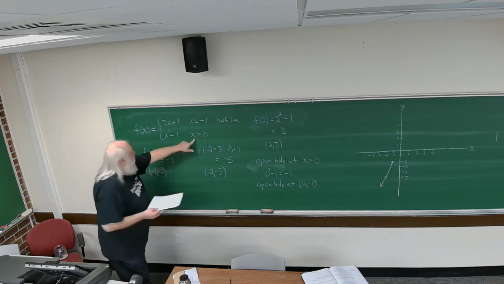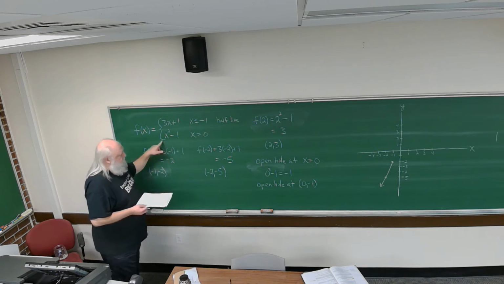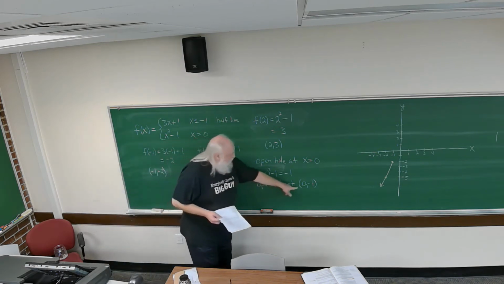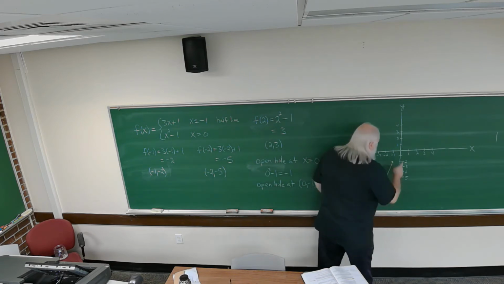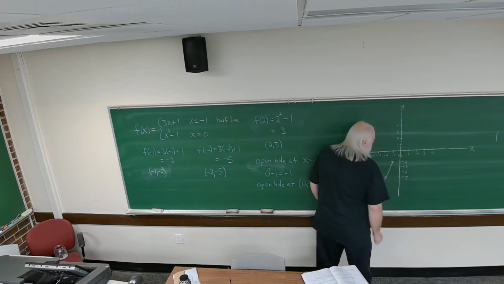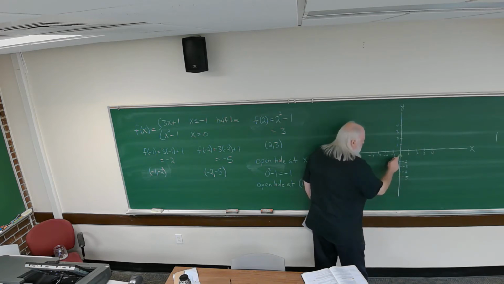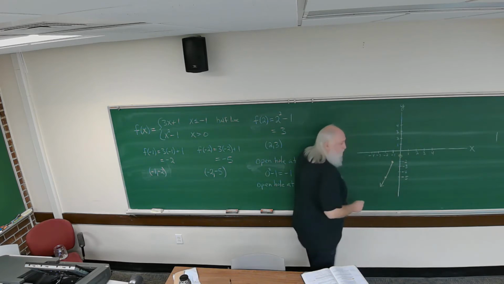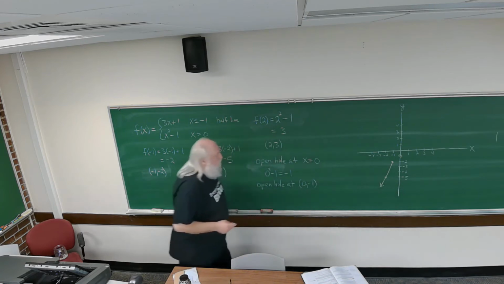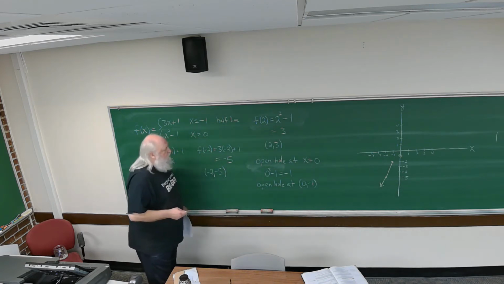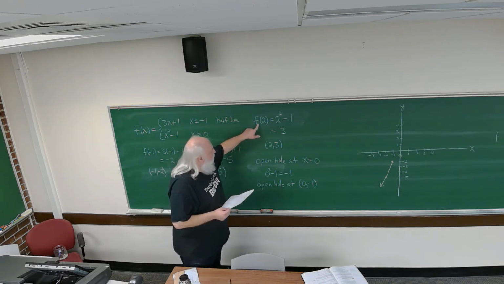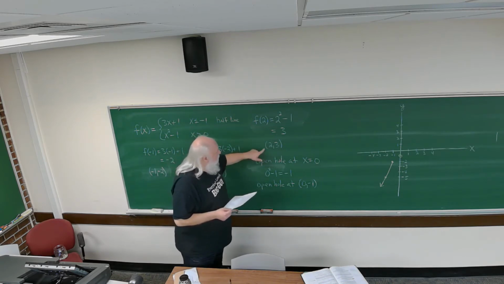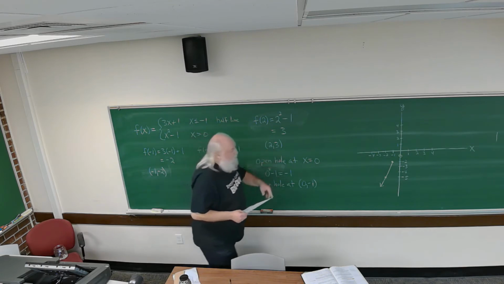Now the graph for x greater than 0, we know there's an open hole at 0, -1. So here's the origin. So we go down 1 unit to y equals -1. And so at y equals -1 is the open hole. And then we also know at x equals 2, right? The point 2, 3 is on the graph.